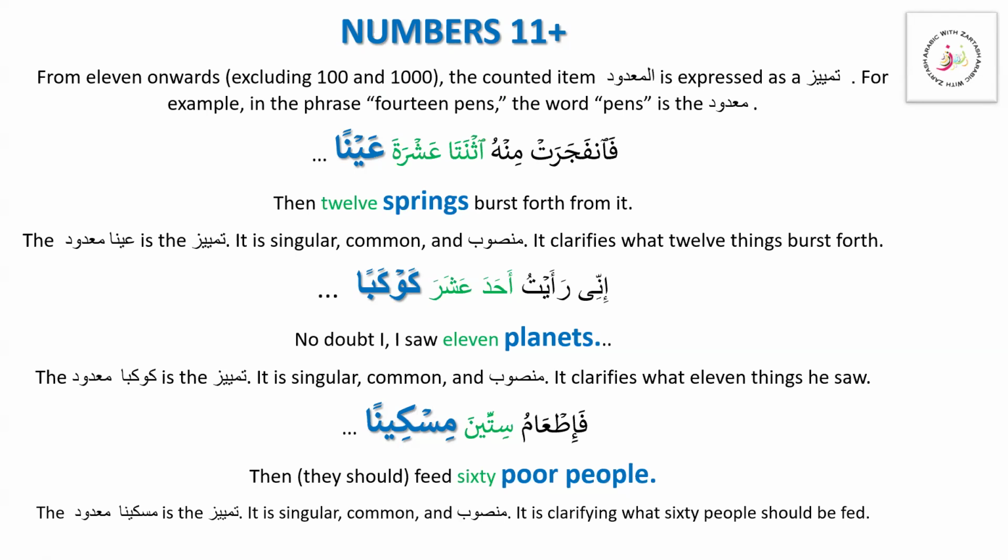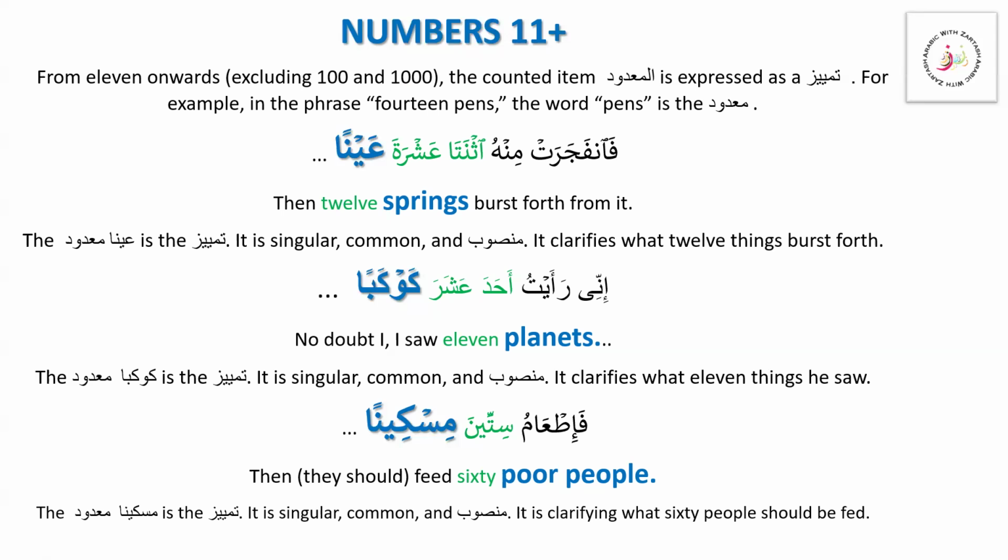The thing being counted is called madud. It is going to appear as tamyiz. For example, we can say 14 pence, as we are talking about the asma that can take tamyiz, and now we are talking about the numbers.